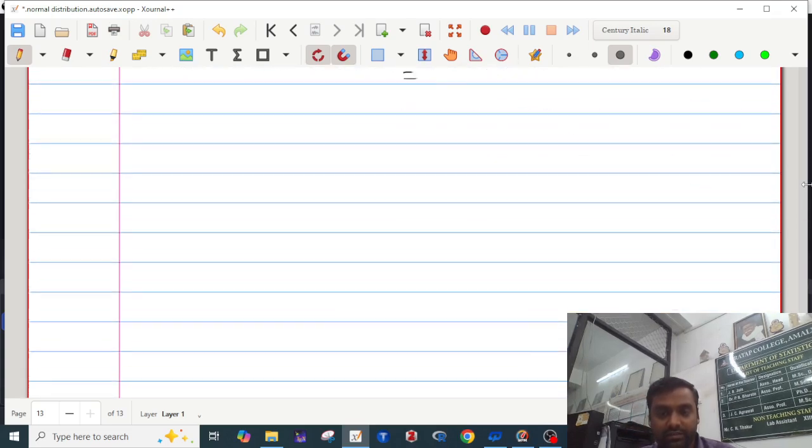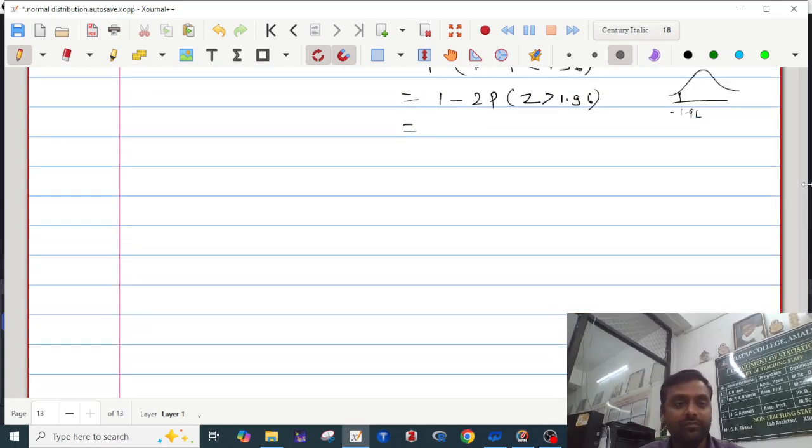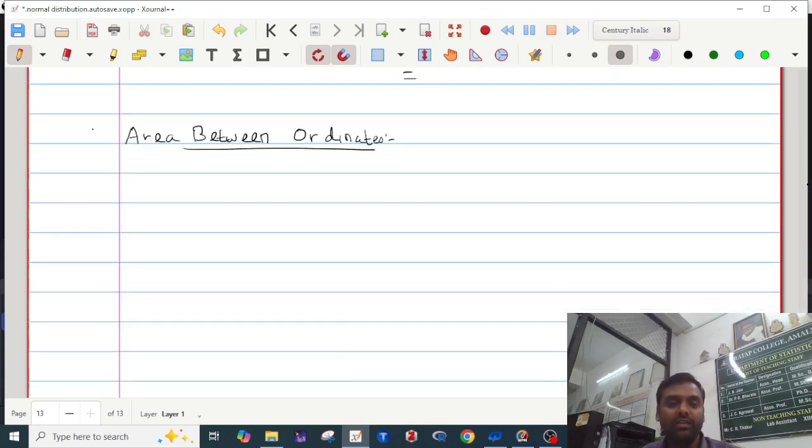area between the ordinates. So in this, you have to find out the probability of minus 1 less than, suppose x follows normal distribution with parameters mu comma sigma square.